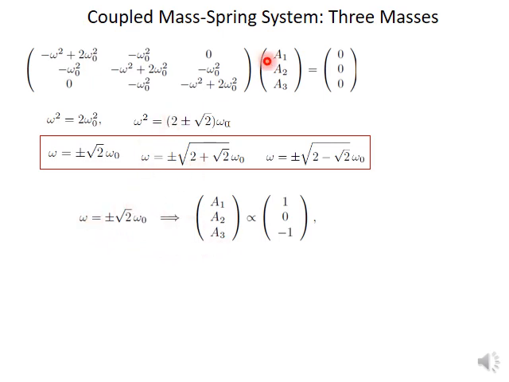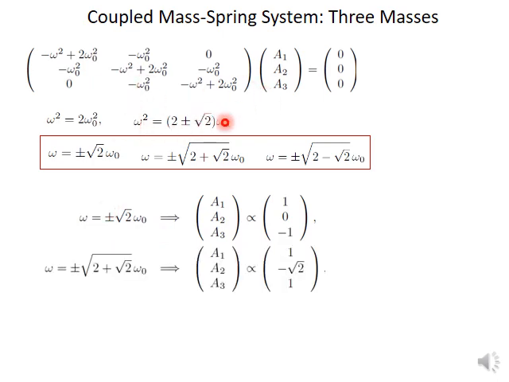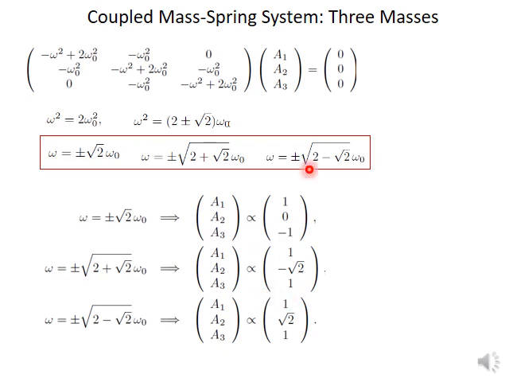You can do the whole calculation just like we did for the two mass systems, and it turns out that A1, A2, and A3 for this solution are proportional to 1, 0, and minus 1. Similarly, for the solution with the plus sign, A1, A2, and A3 have the relation 1, minus under root 2, and 1, and with the minus sign, you get 1, under root 2, and 1.